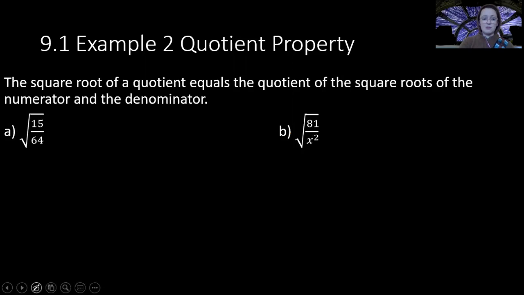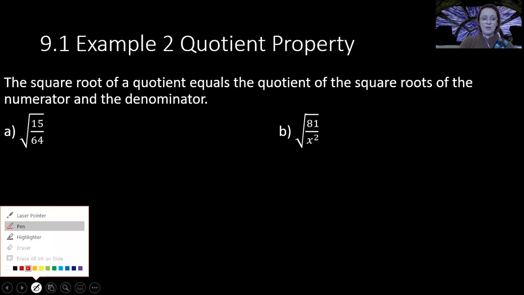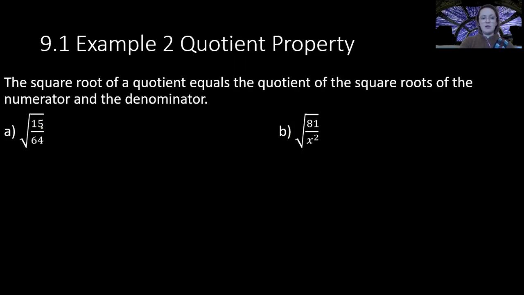Let me grab my pen over here. We're going to take this square root of 15 over 64, and to simplify this, using this quotient property we can have it be the square root of 15 over the square root of 64, and then simplify them individually.